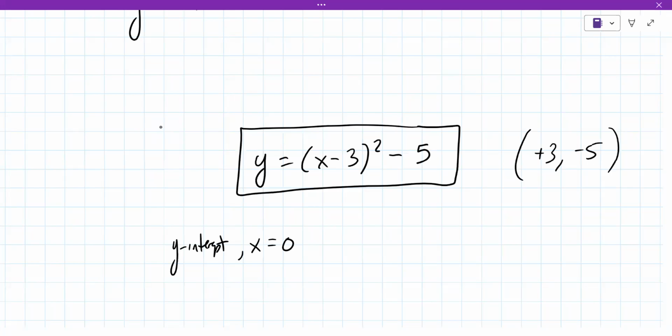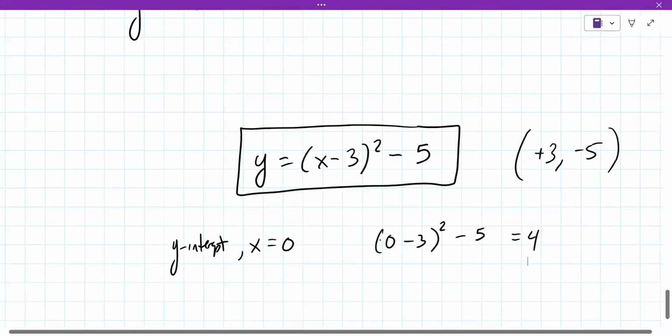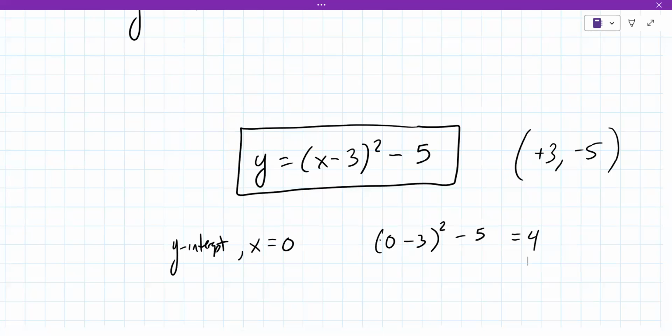You're putting 0 in for x. 0 minus 3 squared minus 5. Oh, it's 9 minus 5. Is it not 4? Yeah, it is 4. Okay. Good. All right.